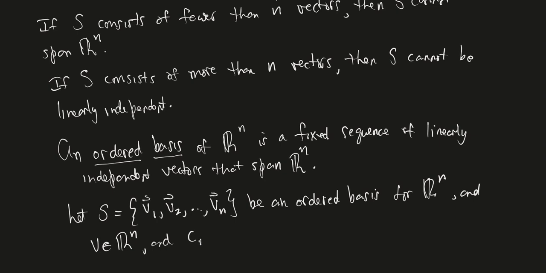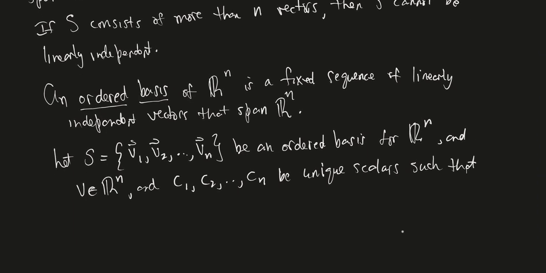And C1, C2, dot dot dot Cn be unique scalars, right? And the uniqueness now is guaranteed because we're dealing with a basis. So be unique scalars such that, and again, we write down the familiar equation, but now we're guaranteed that what we're writing down is not only consistent, but it has one and only one solution, right?